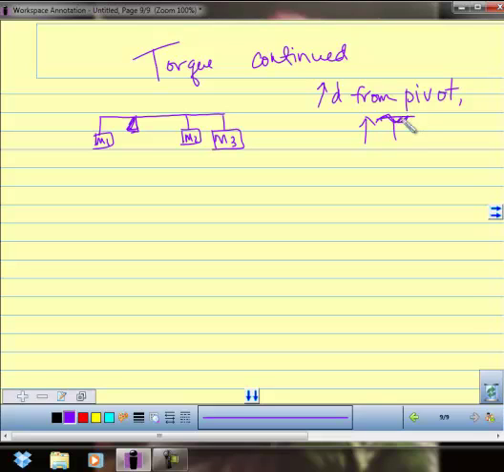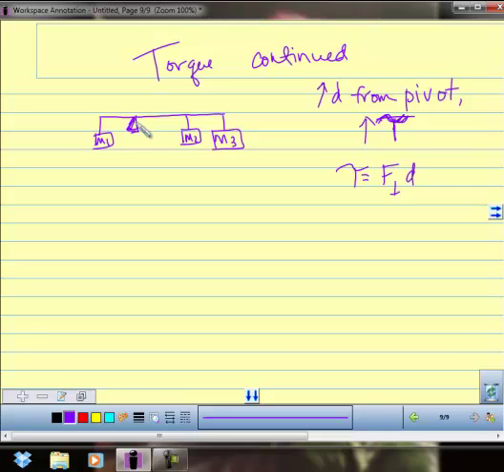Sorry about that. So increasing torque as I increase the distance from the pivot, because remember again that our torque formula is force applied perpendicularly to a distance. And so the distance from the pivot point and the force of weight of the object in this case.